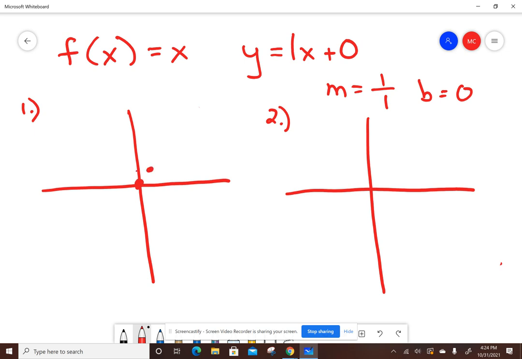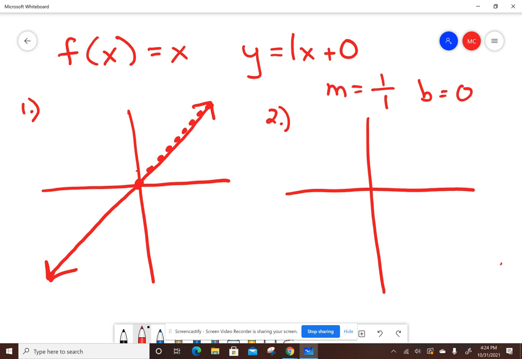We go up 1 over 1, up 1 over 1, and keep going. And a quick way to do it, you notice it ends up at the top right-hand corner. So you can just put a point at the top right-hand corner, at the bottom left-hand corner, and in the middle, and just connect those 3 dots, and that's your parent linear function.